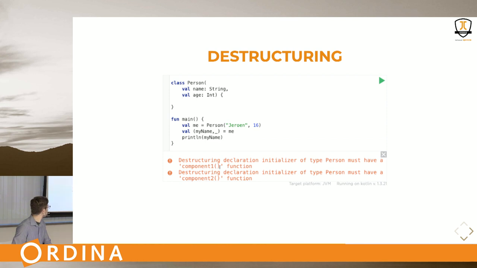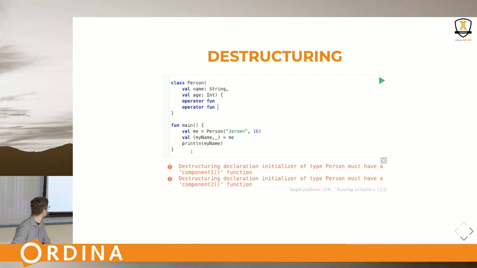I'll show you. It complains that it can't find component1. Component1 is the first component of your destructured object. So we could use operator overloading that we saw before. Operator fun, and then we define this. Oh crap, okay. Component1, I accidentally copied something else.